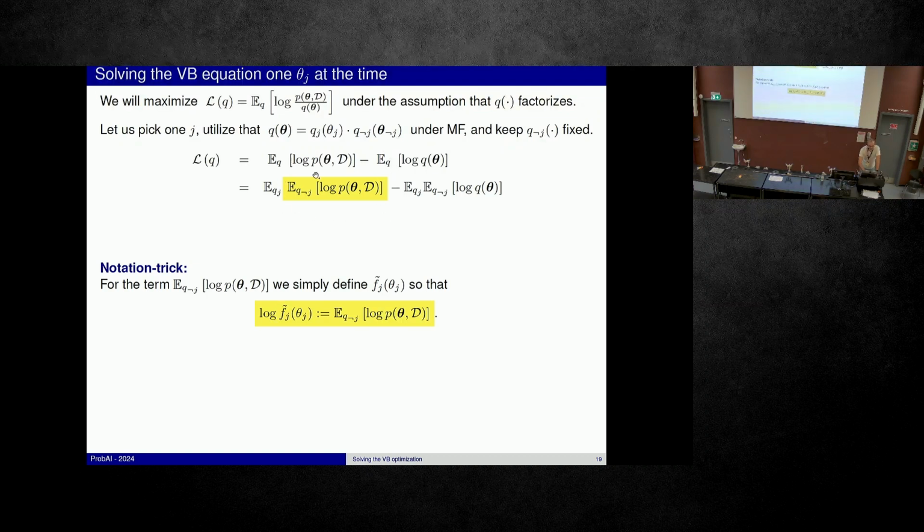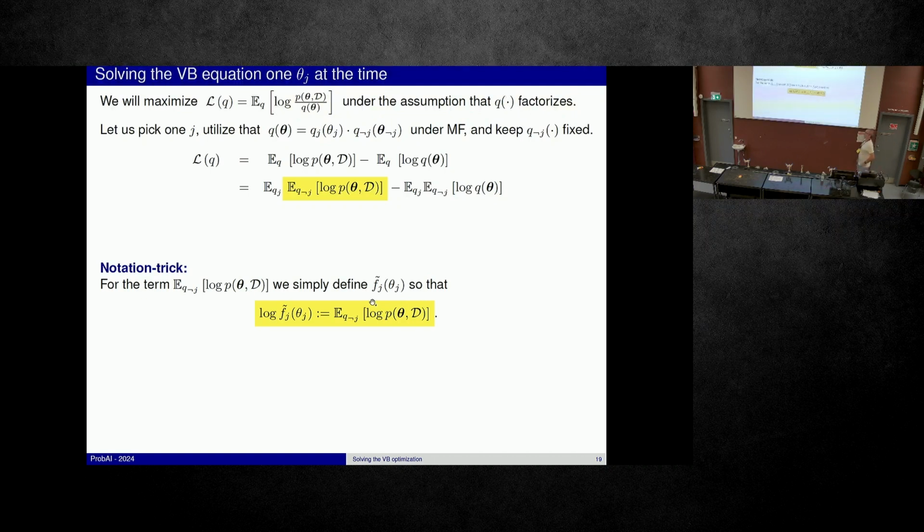It looks nasty. So again, we are going to do the notation trick. I'm just inventing a new letter for stuff that looks difficult. So now, this is an expectation. It's a real number. I'm going to assume that there is a wiggly f function such that the log of it is this number here.